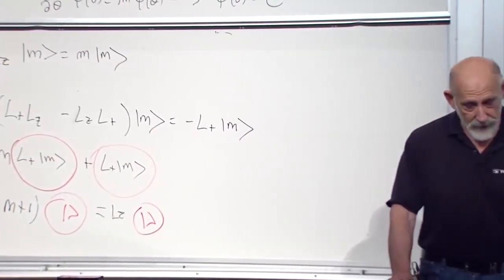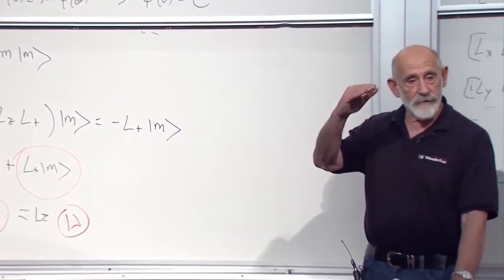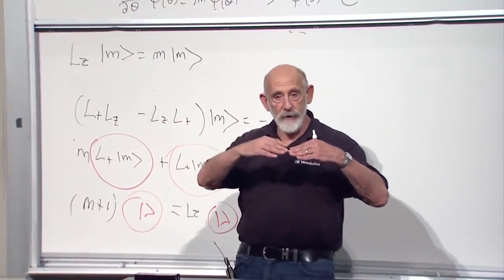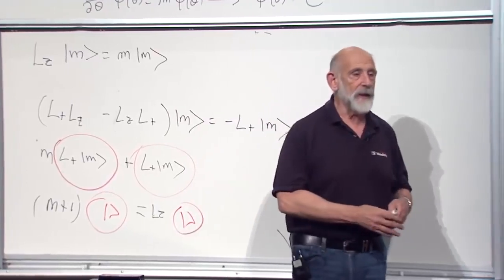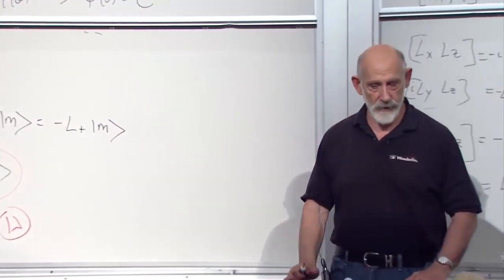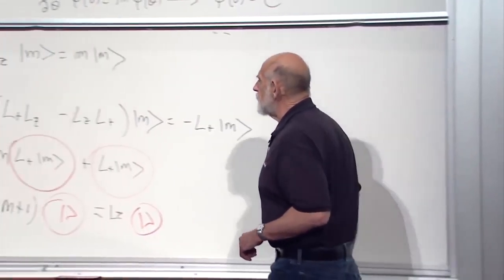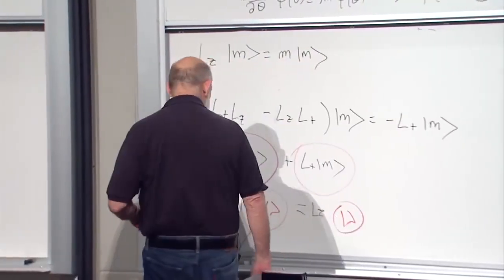We found a trick for taking any eigenvector of Lz and promoting it, lifting it up 1 unit, and increasing the eigenvalue by 1 unit. What about if we did the same thing with L minus?